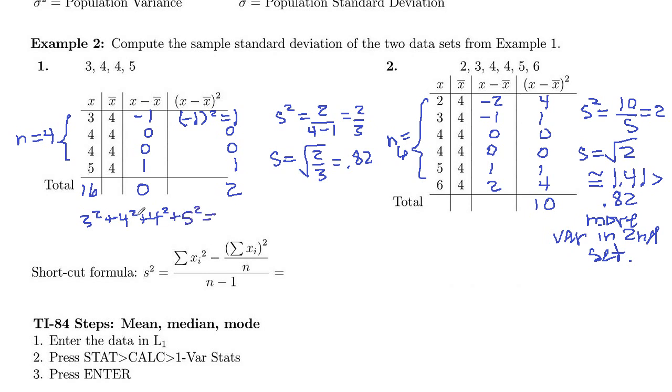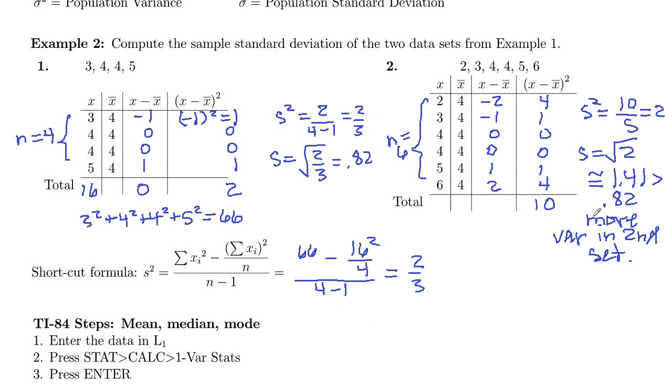So that's 9, 16, 16, and 25, which is 66. So that is 66 minus 16 squared, divide by n, which is 4, and then divide the whole thing by 4 minus 1. And if you compute this on the calculator, you get that same 2/3. And then you take the square root and you'll get the 0.82.